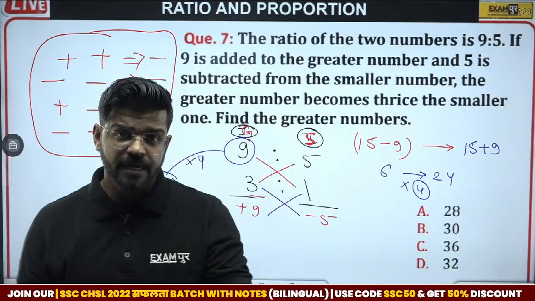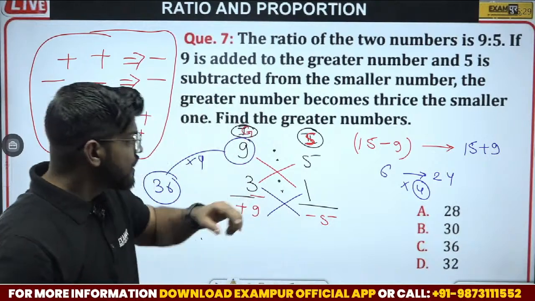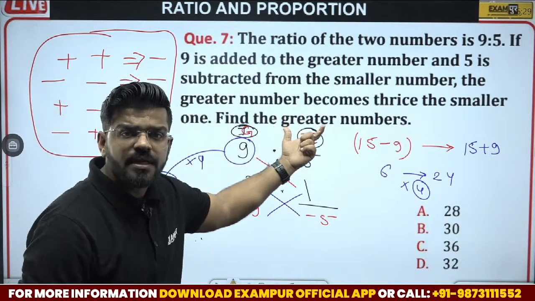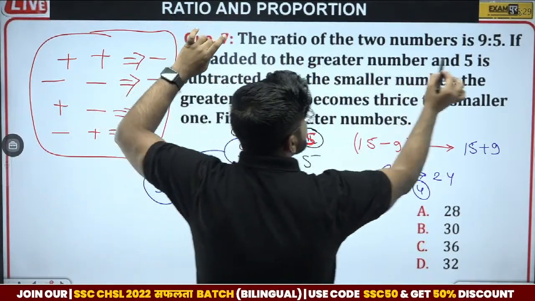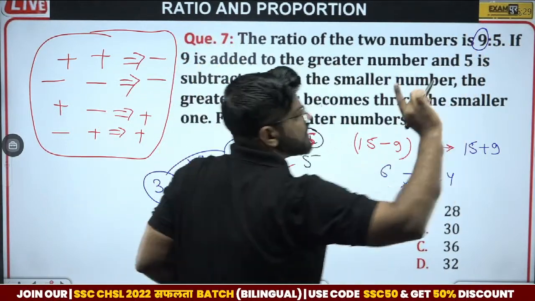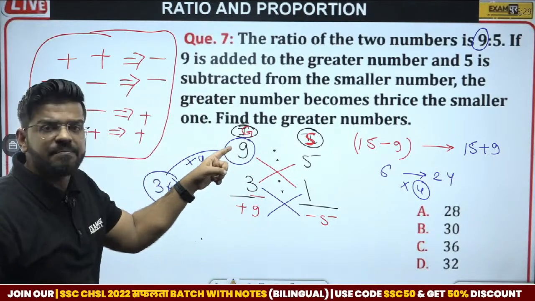But in case of ratio and proportion, if you have to find the greater number and the ratio of the greatest number is given, that means whatever the number is, that number should be a multiple of 9.